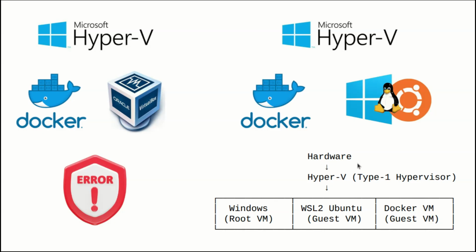So you have the hardware, you have the type 1 hypervisor, which is Hyper-V in this case, and the Windows operating system runs as a VM only, but it runs as a root VM, a privileged virtual machine, compared to the other two virtual machines, which is the WSL2 and the Docker, which is running on top. Okay.